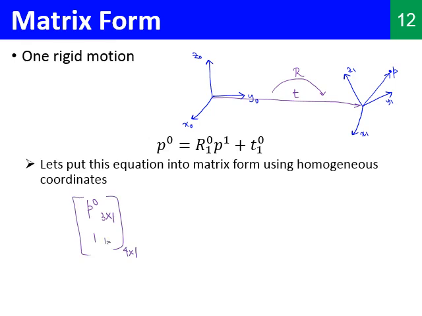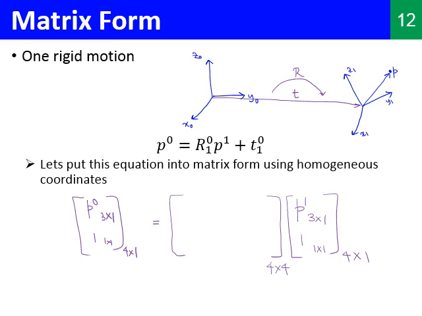So this should be equal to some matrix, and we need to have P1, which is also a 3 by 1 vector, and in the homogeneous coordinates we would have a 1, so we have a 4 by 1 vector. Alright, so that means this matrix should be 4 by 4.